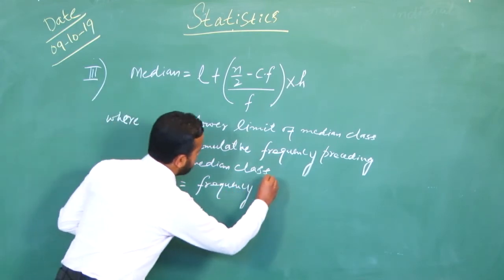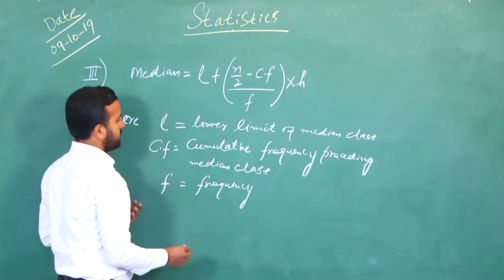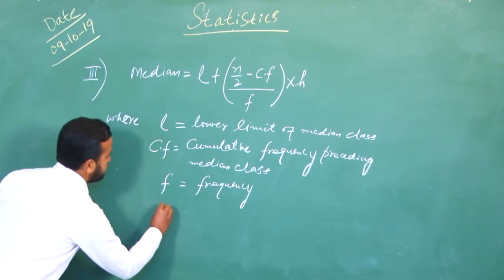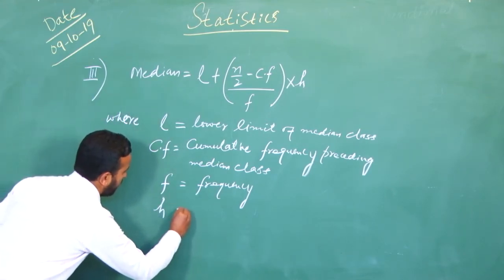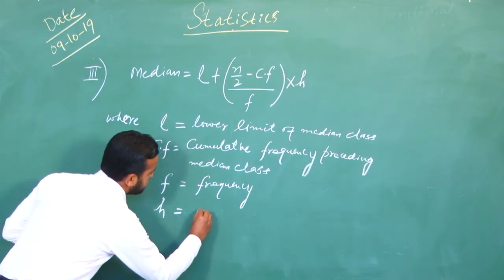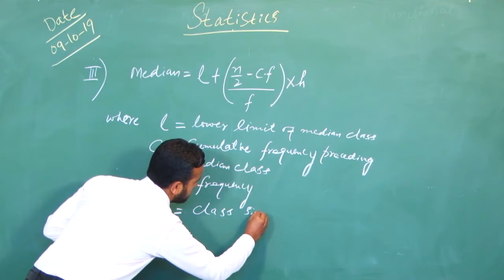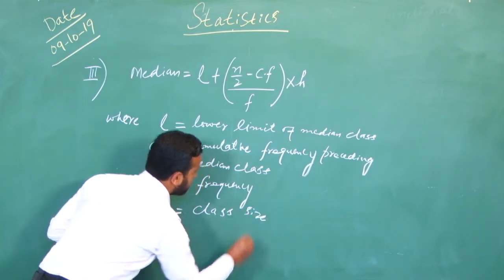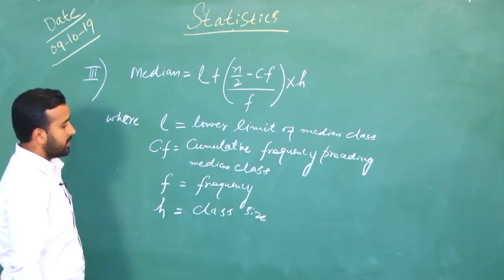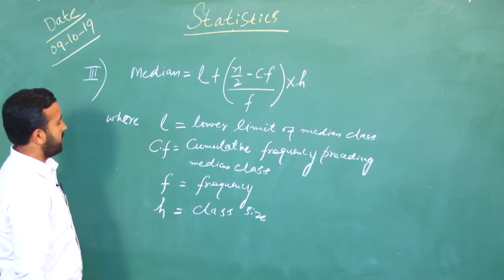F is the frequency of that median class, and H. What do we mean by H? H is the class size, the size of each class involved in the given data.